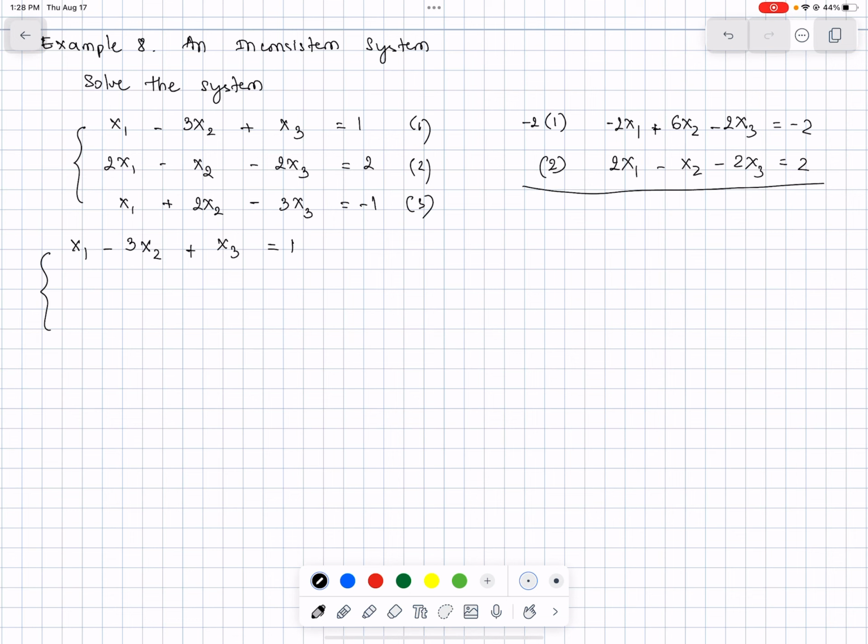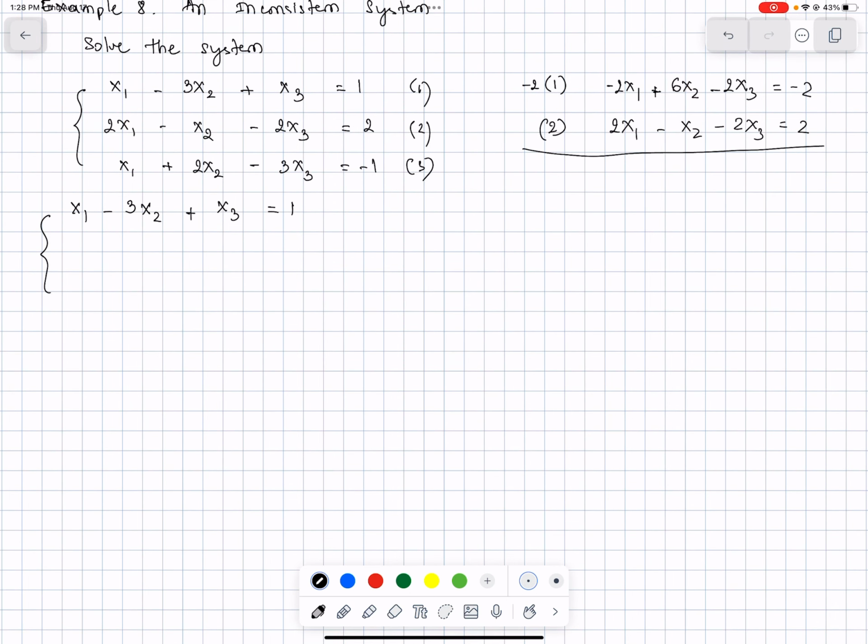Then I will add them up. I will eliminate the x1, so I get 5x2 minus 4x3 equals 0. Okay, so we will write down in the second line, 5x2 minus 4x3 equal to 0.